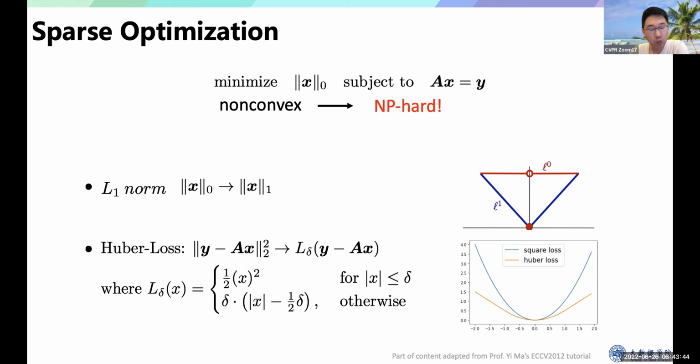Instead, we can find some convex alternative to this problem. A popular way is to replace the L0 norm with the L1 norm. And we can further replace the square loss of the constraint with the Huber loss, which is very famous in statistics.